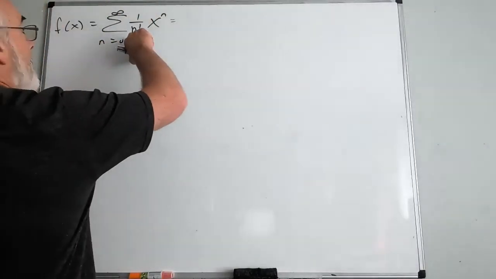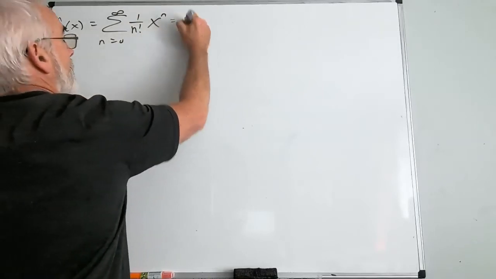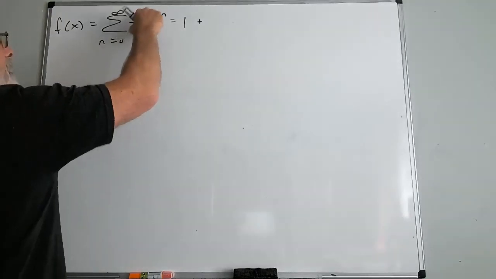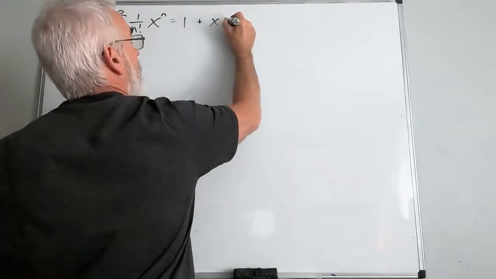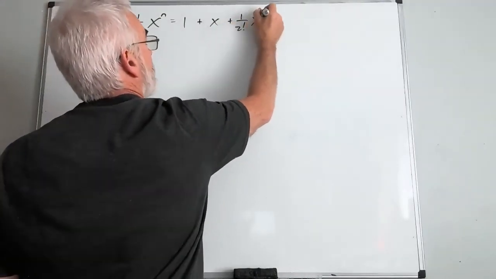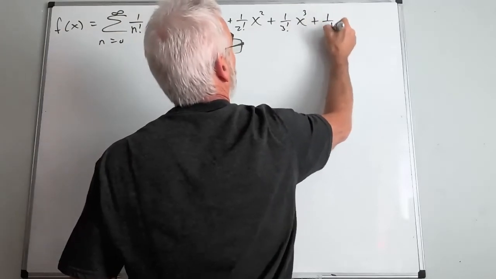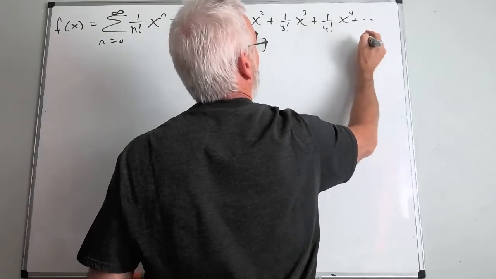All right, so I have 1 over 1 x to the 0th power, that's just 1. Then my next term is 1 over 1 factorial x to the 1st. Then my next term is 1 over 2 factorial x squared, 1 over 3 factorial x cubed. I'll just do a few. 1 over 4 factorial x to the 4th, on and on.